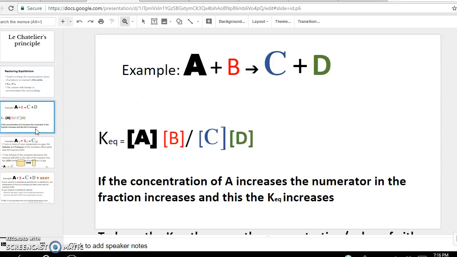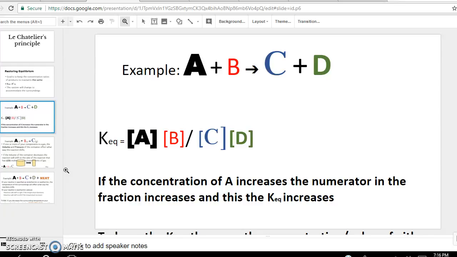So here we have two reactants, A plus B, equal two products, C plus D. The KEQ is equal to the products over the reactants. If the concentration of A increases, then that causes the numerator in the fraction to increase, and thus the KEQ increases.